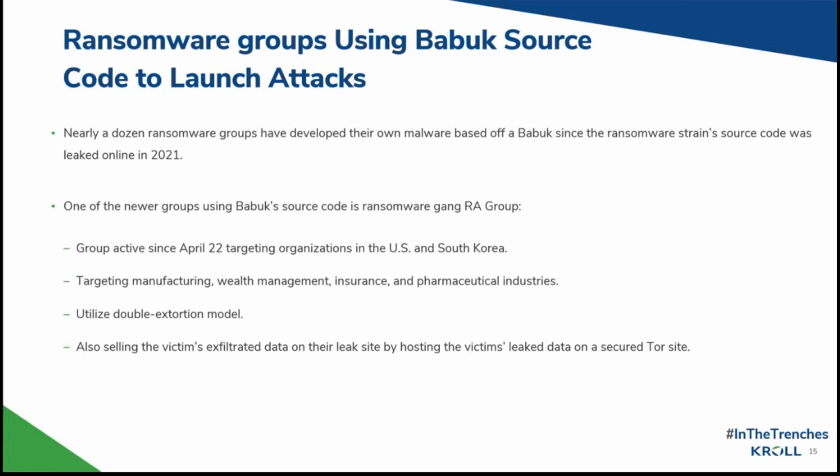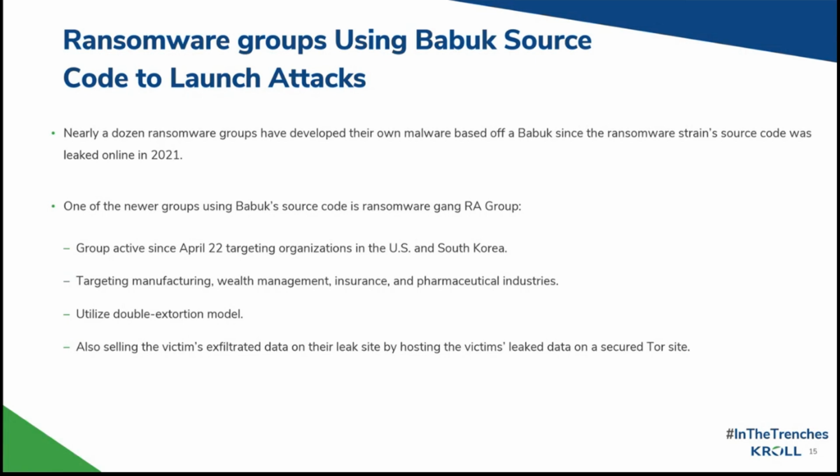One of the newer groups that's been discovered is called the RA group, and they've been active since April 2022, targeting organizations in the US and South Korea within the manufacturing, wealth management and insurance, and also the pharmaceutical industry. They use a double extortion model like everybody else, threatening to leak exfiltrated data if someone doesn't pay.